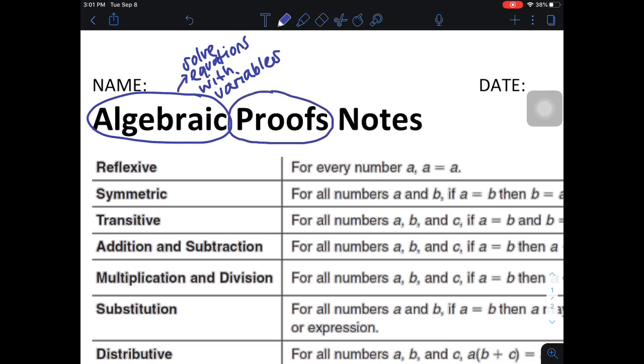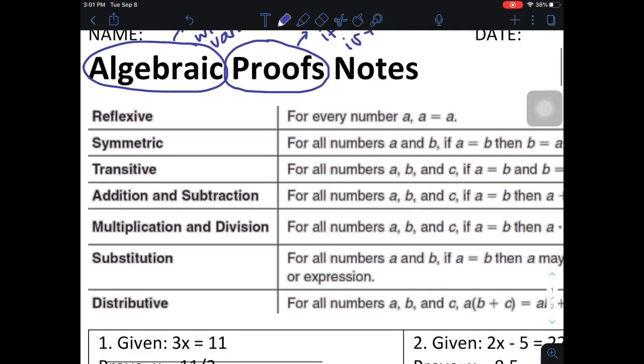And a proof is basically when you use information to verify if something is true or not. So we're going to verify if it is true, okay? So that's what we're doing.